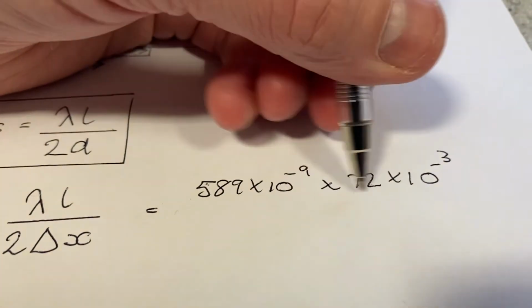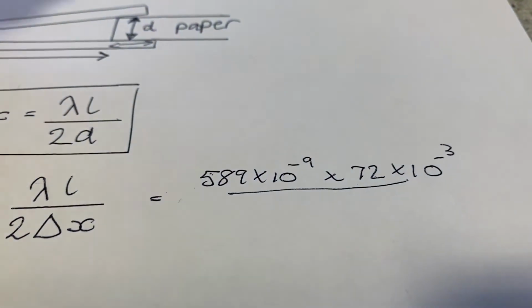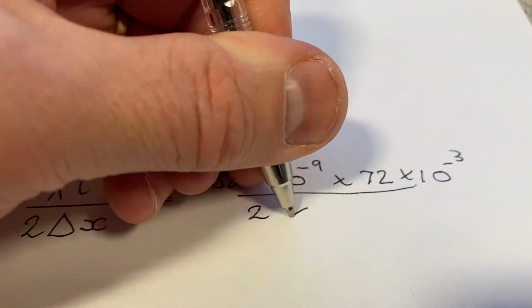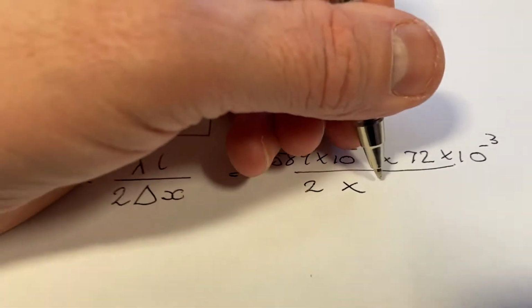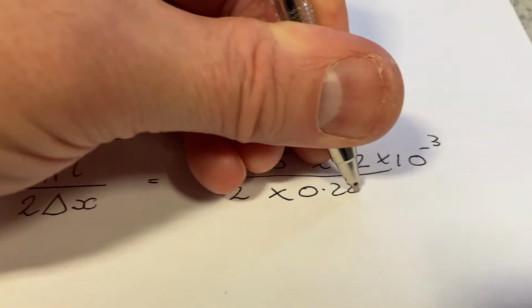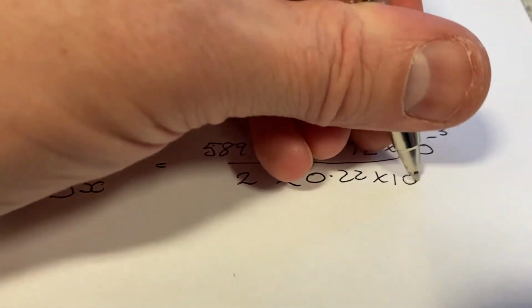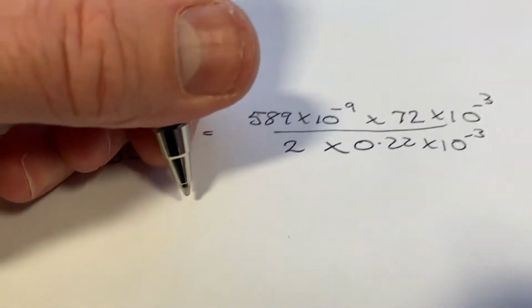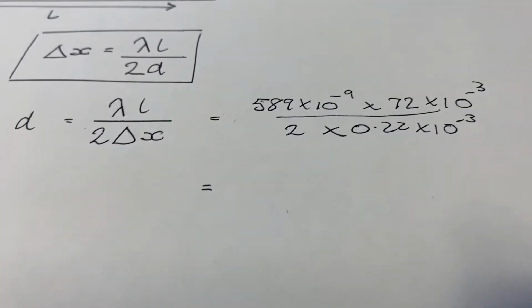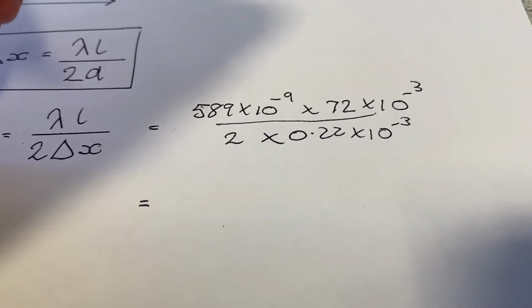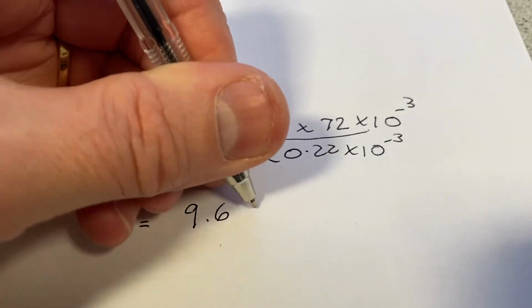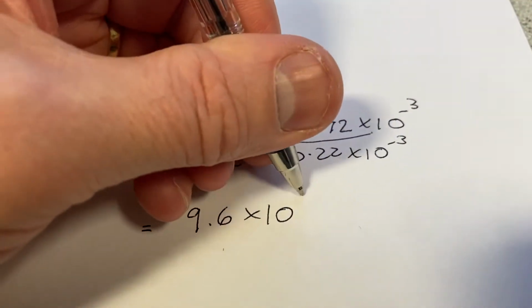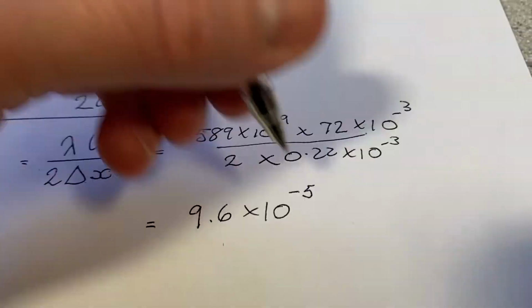And that's all divided by 2 times our delta x, which was 0.22 millimeters. 0.22 times 10 to the minus 3. And if you do that on a calculator, we get 9.6 times 10 to the minus 5 meters.